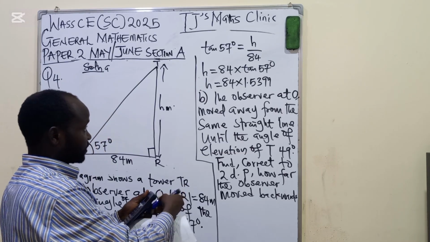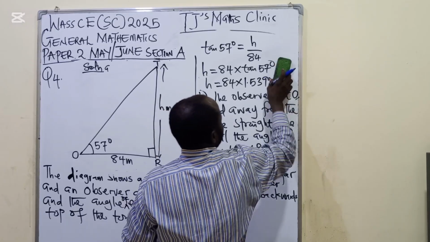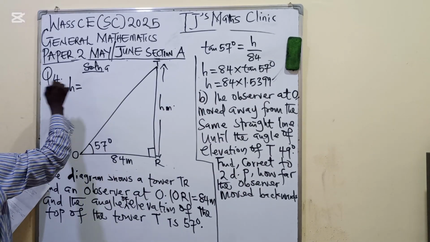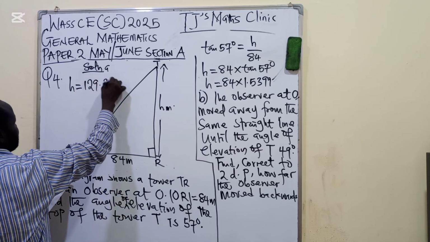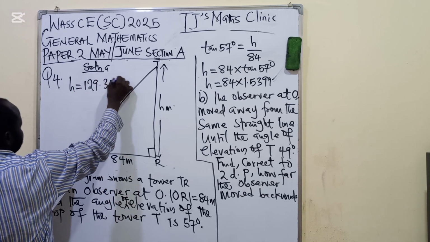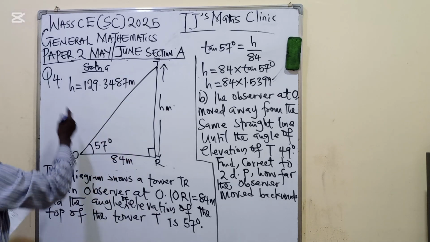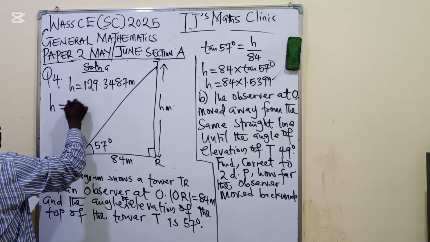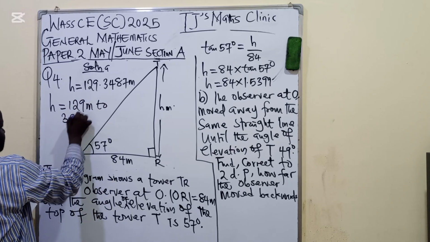Finally, the height will be 129.3487 meters. But the question said three significant figures, so the height H, to three significant figures, will be 129 meters.